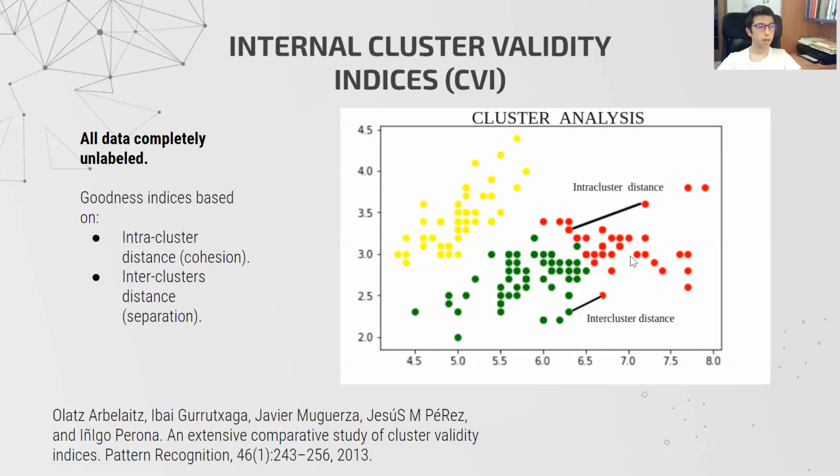So in one word, intra-cluster can be associated in one particular case to the summation of the distances of all points inside one cluster, for example cluster red, cluster green, cluster yellow, or the inter-cluster distance, so the separation between the clusters.